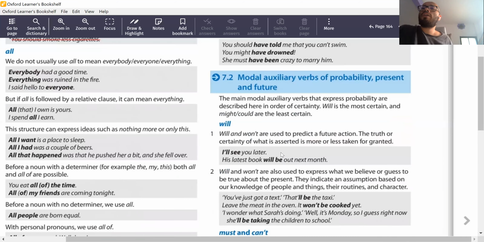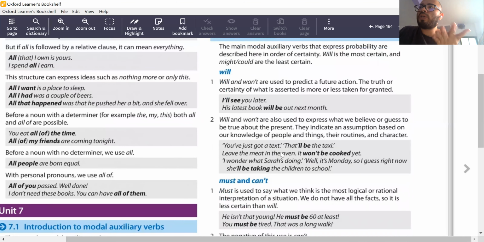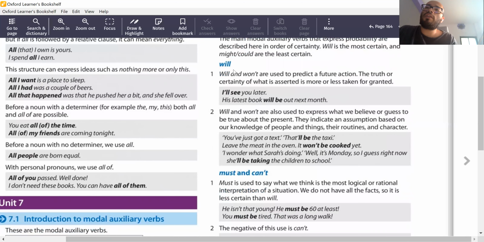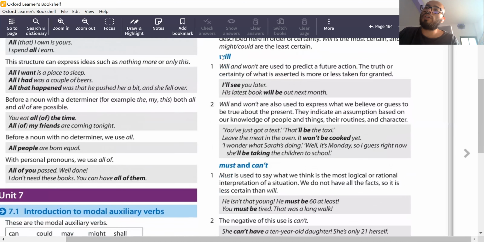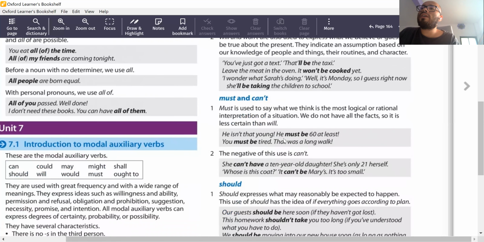So if you go to your page 158, you have the explanation of each one, with will, with must and can't. He isn't that young, he must be. This is not an obligation.